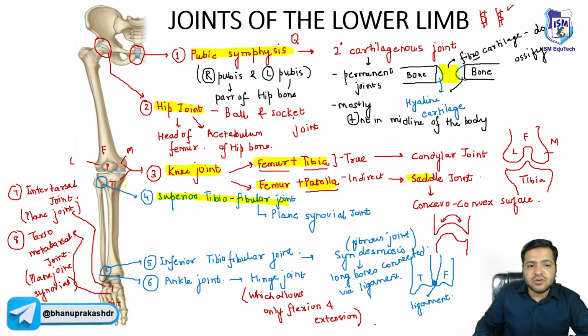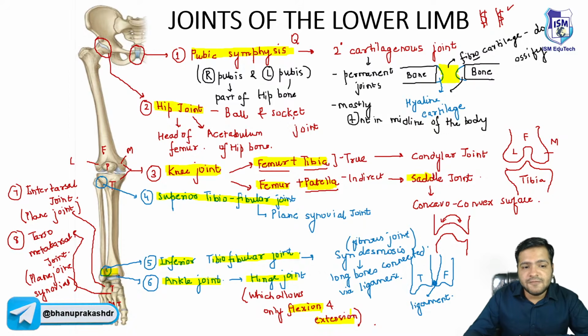Superior tibiofibular joint, क्योंकि ऊपर भी tibia and fibula they are connecting with each other, and on the down portion they are also connecting. It is inferior tibiofibular joint. We have ankle joint, a hinge joint, which I already told you allows movement only in one direction, flexion and extension. Ankle joint is composed of tibia, fibula and the talus.